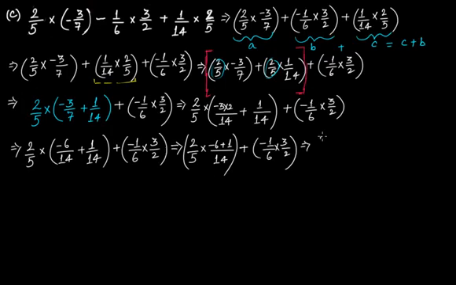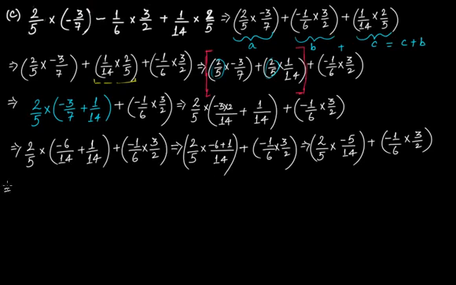This becomes 2/5 times minus 6 plus 1 is minus 5/14, and this is minus 1/6 times 3/2.